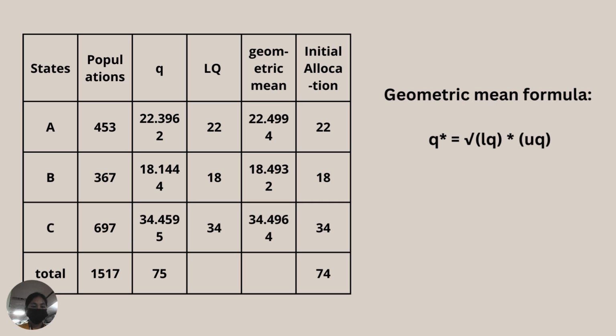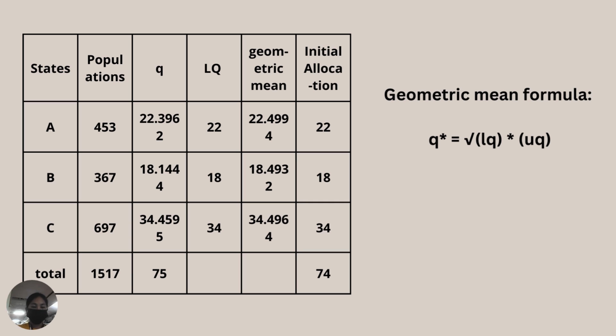In state C, it is still a smaller quota than the geometric mean, so we round down. The summation of the initial allocation is 74.